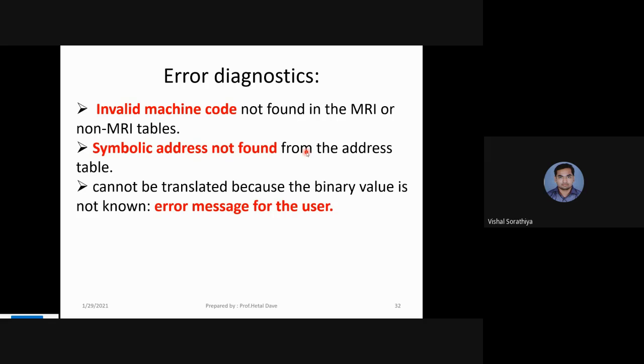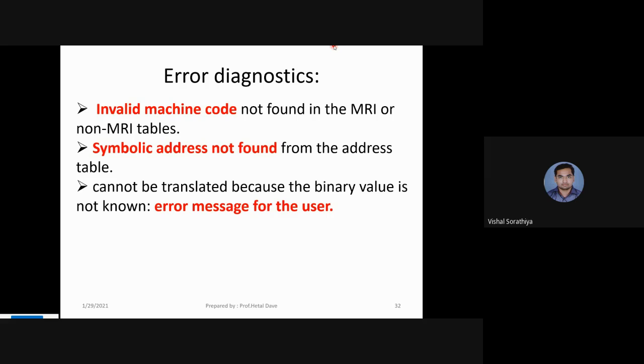So what errors are there? Invalid machine code, meaning that machine code is not valid, or a symbolic address not found. Like whatever code you have written, like ADD A, or ADD A comma B, that machine code is not found, or something related to a symbolic address not found.